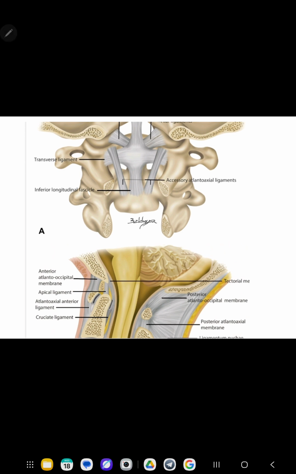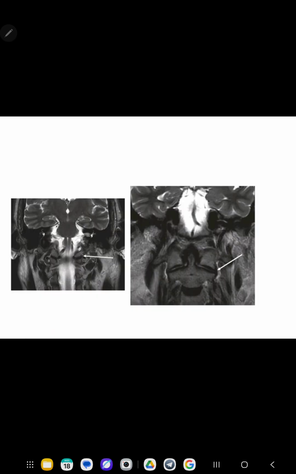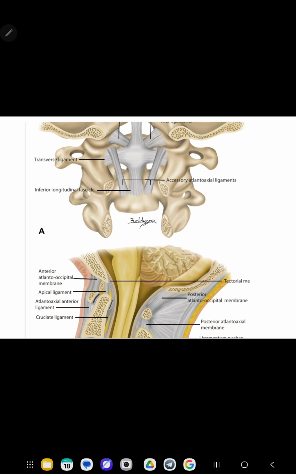And from the atlas towards the occiput, if it is from the anterior arch, it is anterior atlanto-occipital membrane. If it is from the posterior arch, it is posterior atlanto-occipital membrane. Now over the spinous process is the supraspinous ligament, and the cephalic extension of that is called ligamentum nuchae.